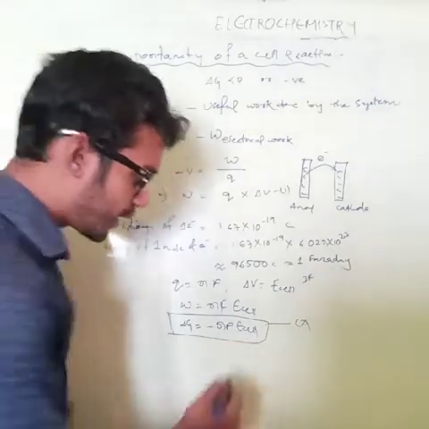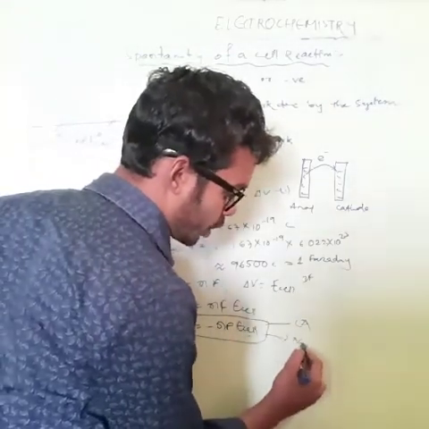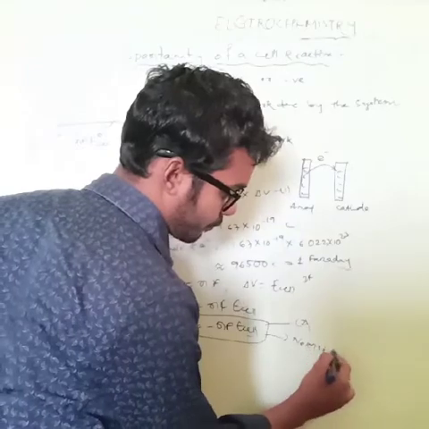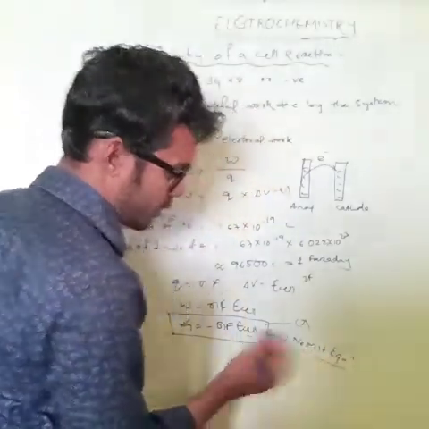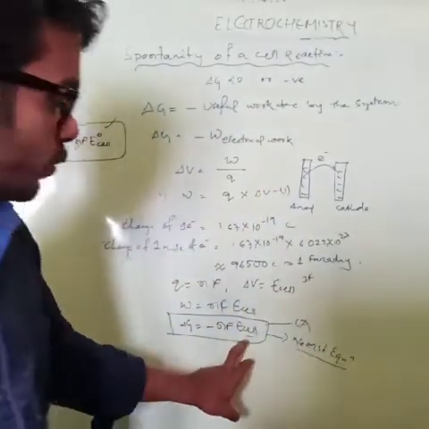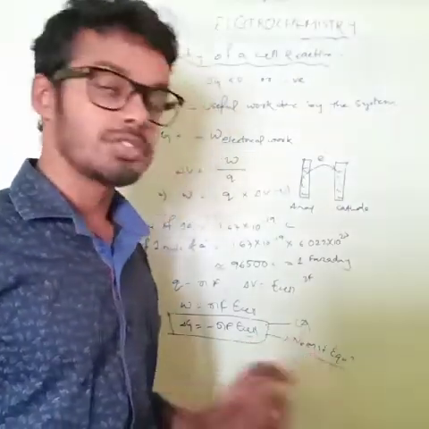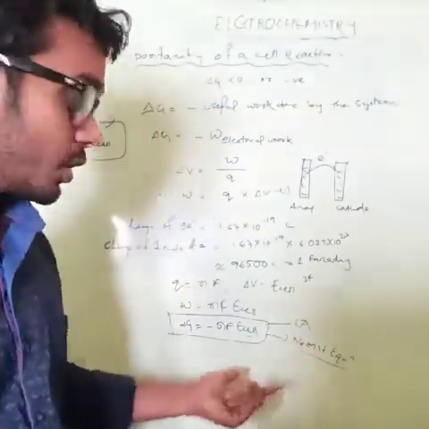And how will you calculate E cell? By the Nernst equation. This is the Nernst equation. This E cell value, how will you calculate? By means of the Nernst equation. What is the Nernst equation? We'll see.